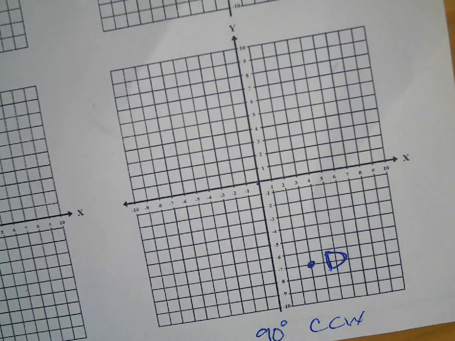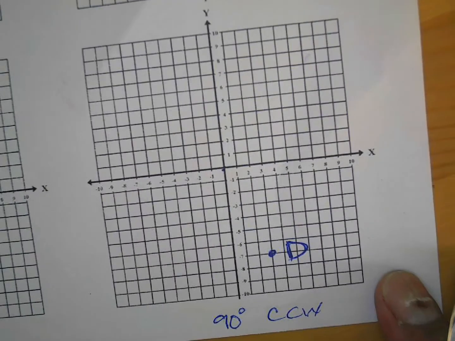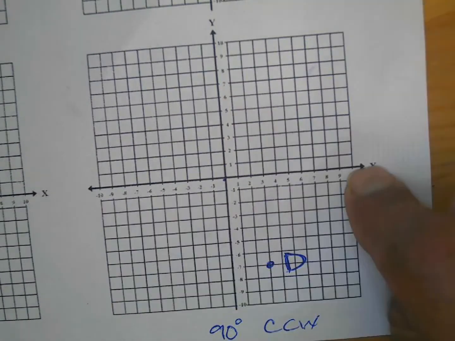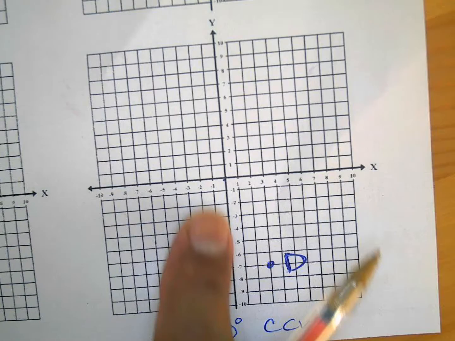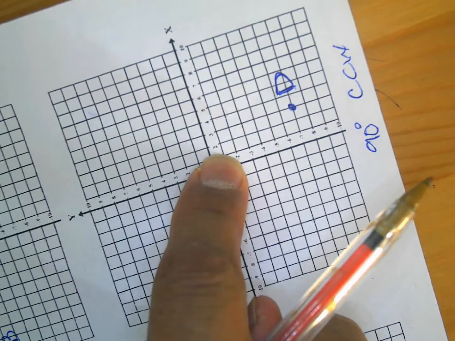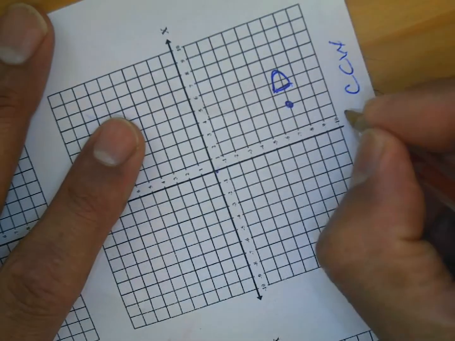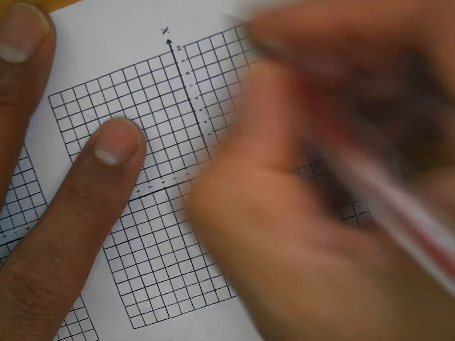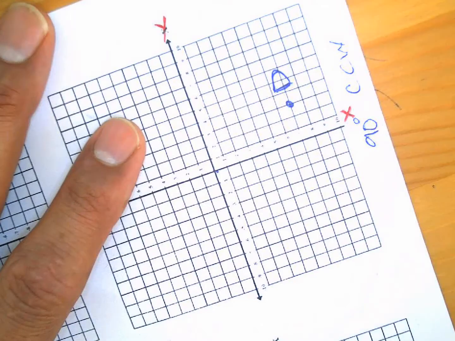All right. Well, let me see. I'm going to just do this here on this paper. Let's see if you guys understand this. Remember, X is here and Y is here. But when I rotate it, I'm going to pretend X is here and Y is here.